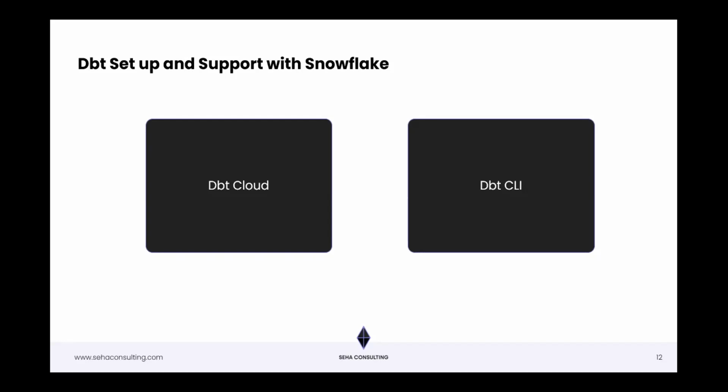If you're working with dbt CLI, obviously if you're developing it's going to be local, but in an enterprise environment you're going to have a Git repository, and you can connect that Git. I've done mine with GitLab, but you can do it with GitHub or other repositories as well.